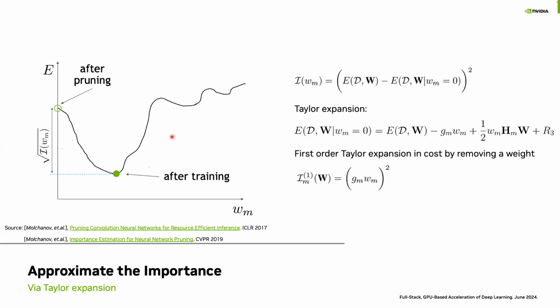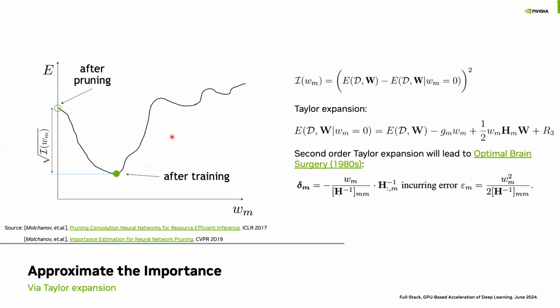And as you can see here, if we take the first order of the Taylor expansion, the importance can be calculated directly from the model weights and the gradients, which is easily obtained during the normal training. We can also choose the second order expansion, which leads to the optimal brain surgeon idea, which was proposed quite early actually. And the importance will be measured by the Hessian matrix.